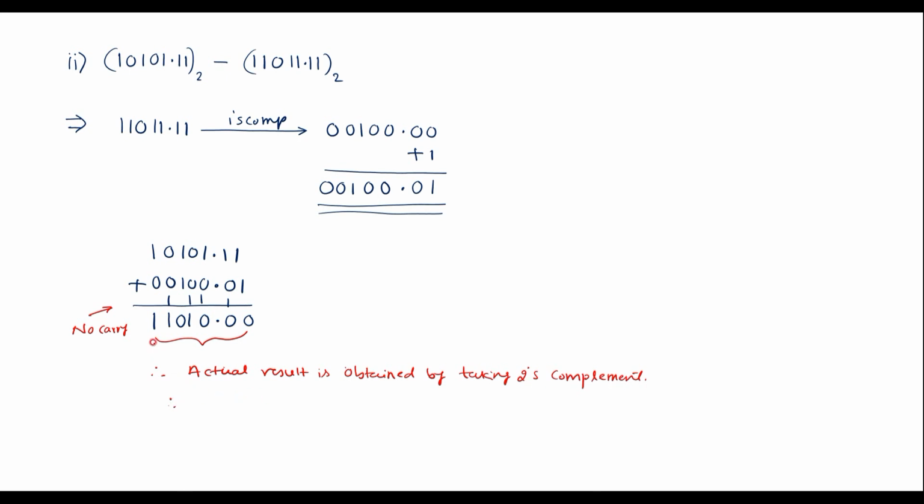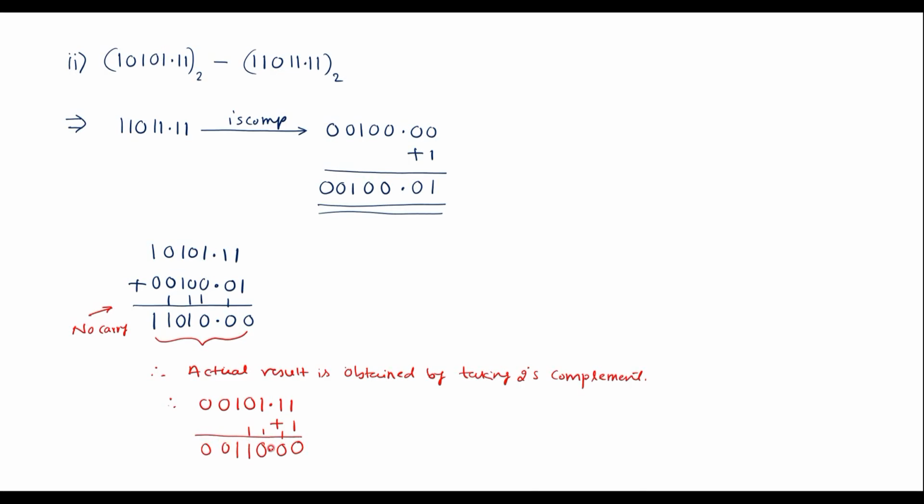Therefore, the 1's complement of this value is 00101.11. Adding 1, that is 1 plus 1 is 0, carry is 1. 1 plus 1 is 0, carry is 1. 1 plus 1 is 0, carry is 1. 0 plus 1 is 1. This is 110.00.